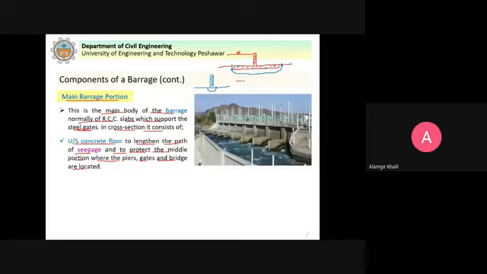So the uplift pressure, how will it act, assuming there is no water on the downstream, and here this is H. This will be the diagram here, and this will be that H, P by gamma. And if we have water here, then there will be an ordinate here. If no water, then it will reduce to 0 here. So that's why this main barrage portion is very important. It has to resist these forces.